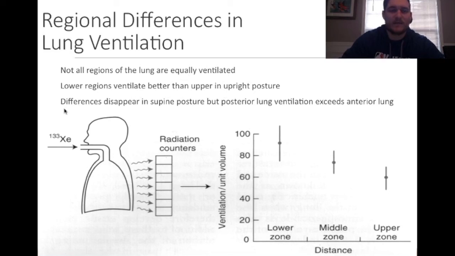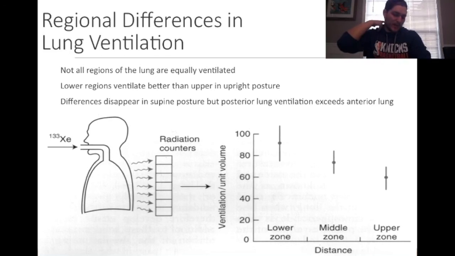And then, as we discussed with differences in hydrostatic pressure, when you're in the supine position, the ventilation between the upper, middle, and lower zones gets a little more even, but there are differences between the posterior lungs, the backside of your lungs, versus the anterior lung.